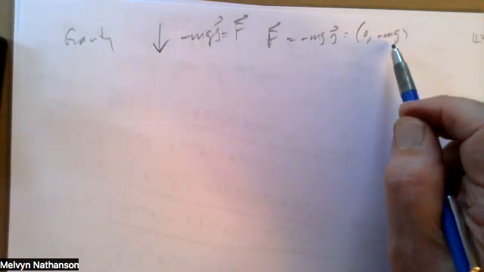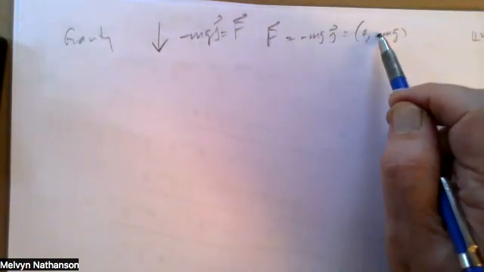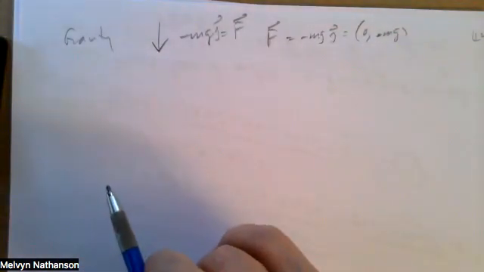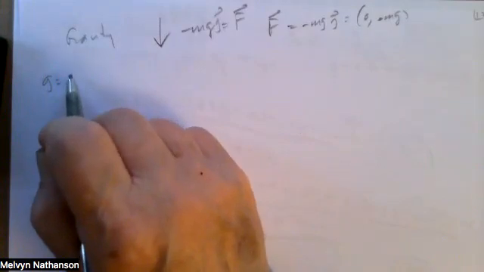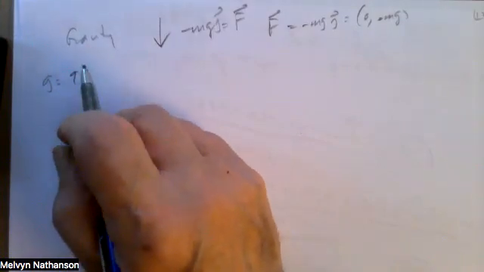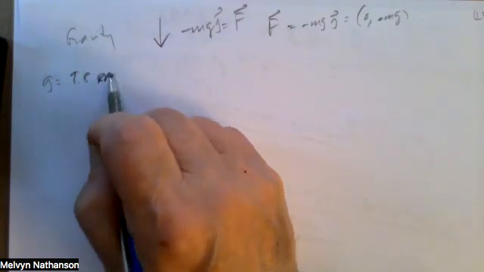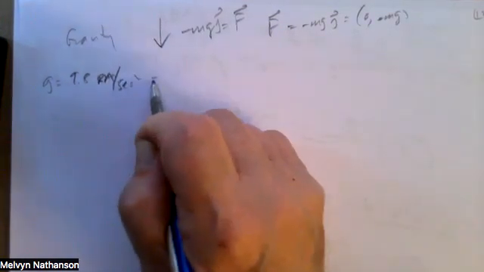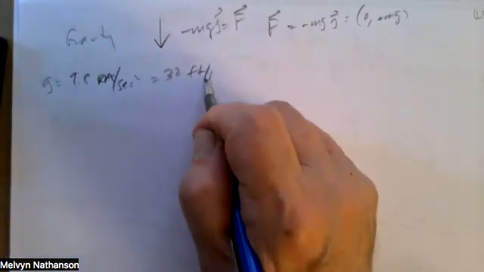There's no component of this force in the horizontal direction. It's strictly pointing down. You might remember from calculus that the acceleration due to gravity is 9.8 meters per second squared, or 32 feet per second squared.